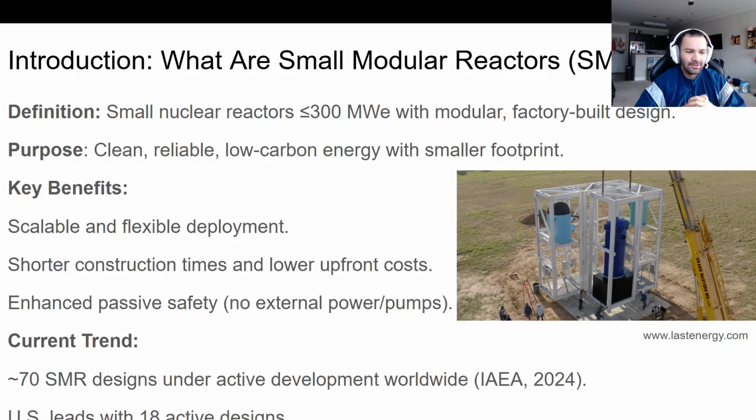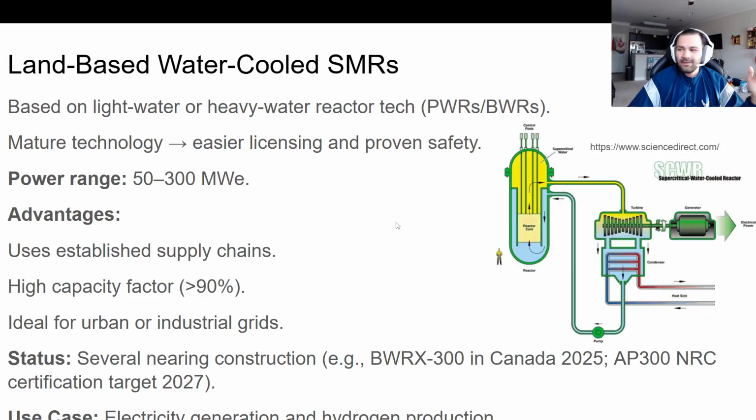The current trend is that right now there are around 70 SMR designs under active development worldwide, right? And the US has around 18 active designs right now. So the people that are very interested in it are, of course, us, the United States.